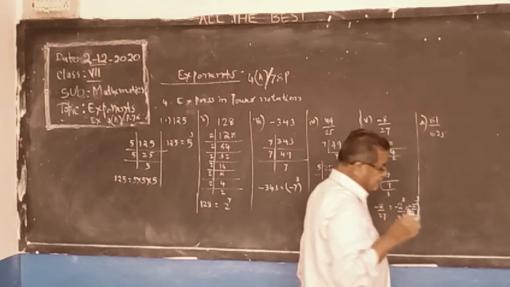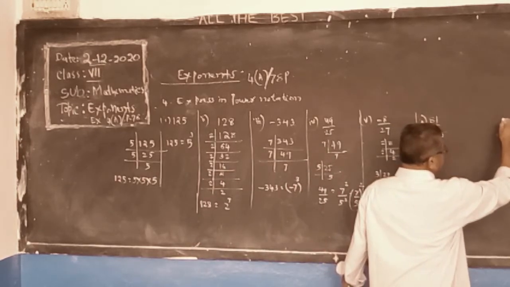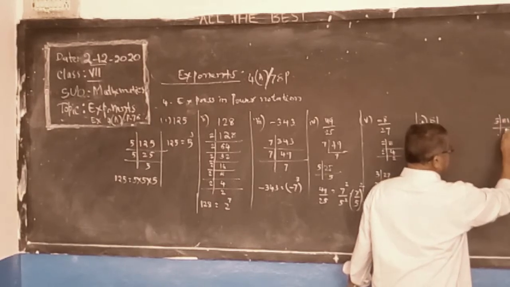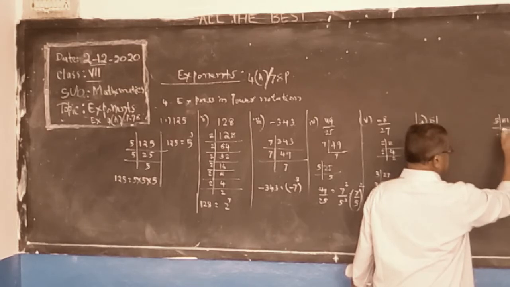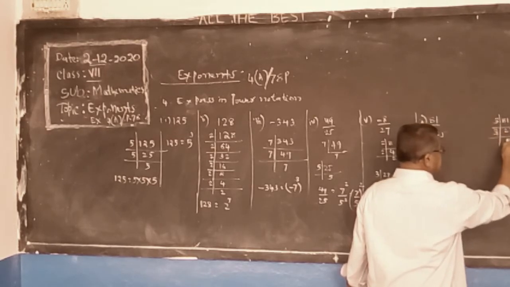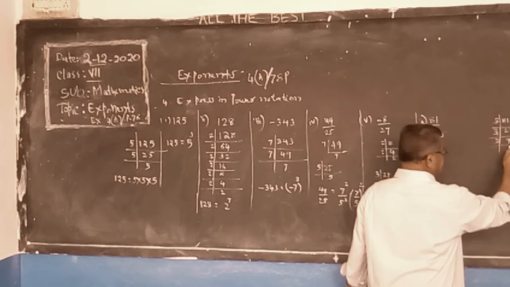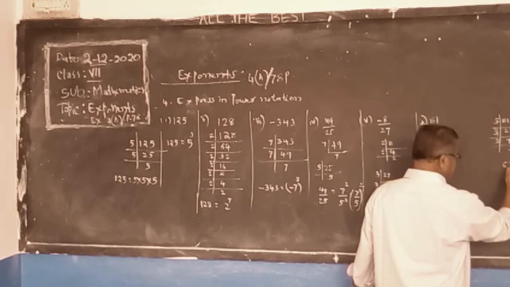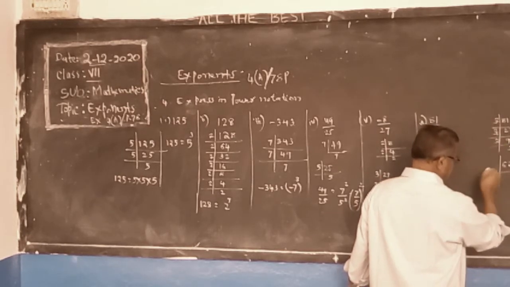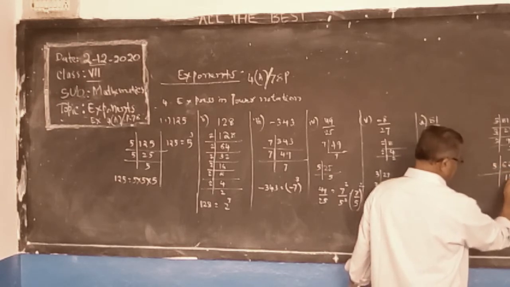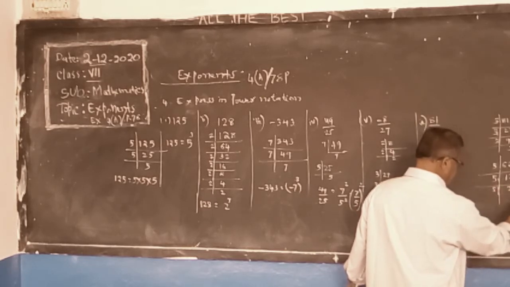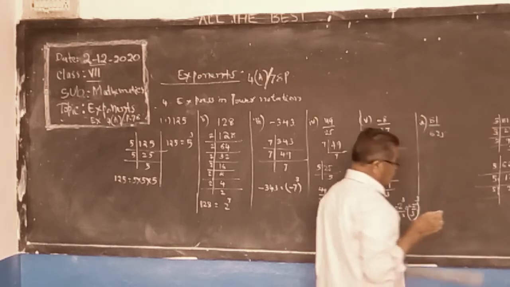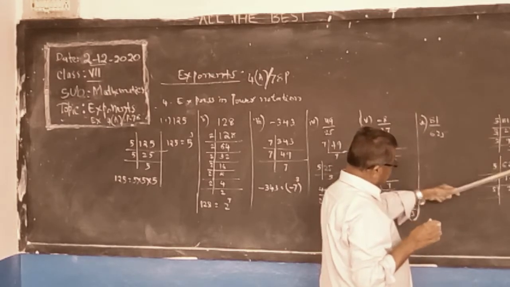Similarly for 81: it is an odd number, so 3. 3 twenty-sevens are 81, 3 nines are 27, 3 threes are 9. And 625: 5 one twenty-fives are 625, 5 twenty-fives are 125, 5 fives are 25, and 5 fives. How many 5s for 625? 4.